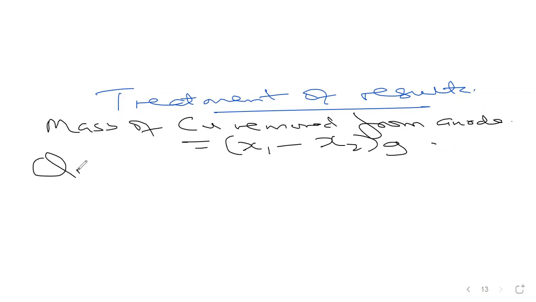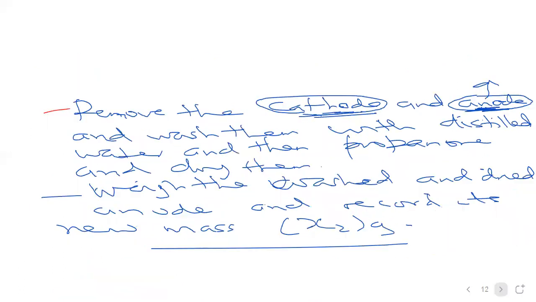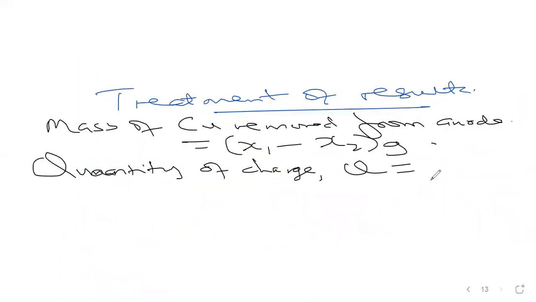We need to know the quantity of charge, which we call Q. It will be the amount of current we passed, I amperes, multiplied by the time you have passed that electric current through the system. So that will be IT coulombs.